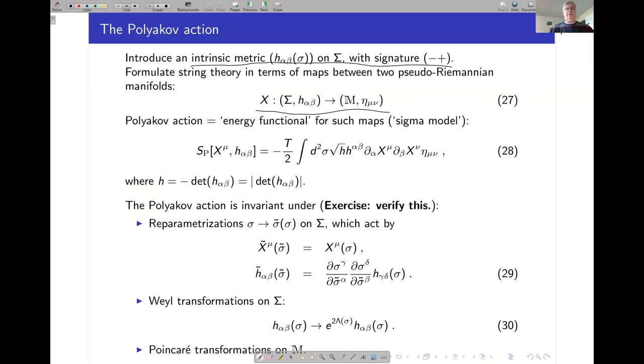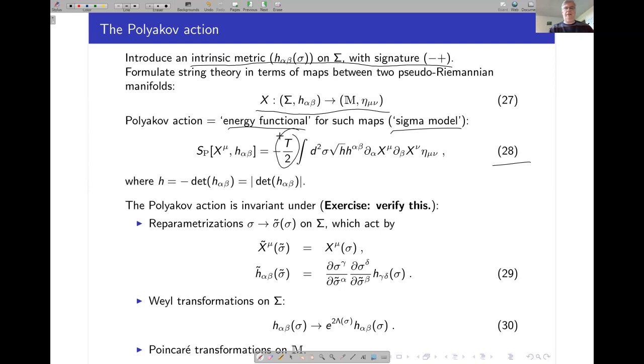So let me now just state how the Polyakov action looks. It's given by formula 28. This is in fact a standard formula, both in physics and in differential geometry. Physicists call such a type of action a sigma model, whereas for differential geometers, this is the energy functional for a map between two Riemannian spaces. So we have as a prefactor again the string tension.